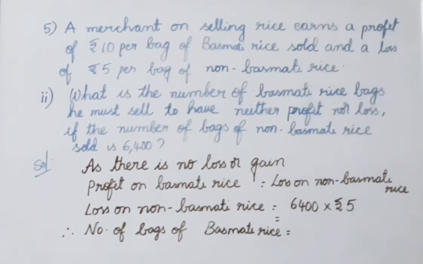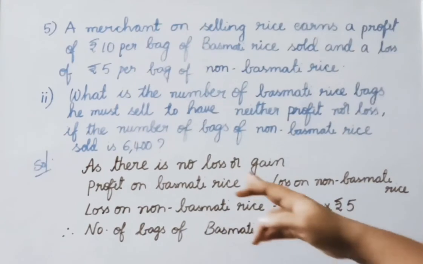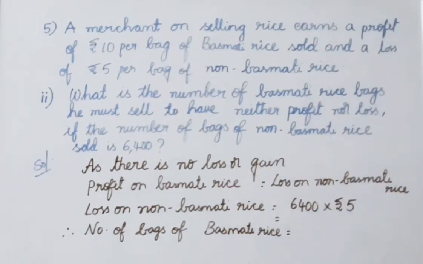So what we have to find is the number of basmati rice bags he must sell so that he gets neither profit nor loss on selling 6,400 non-basmati rice bags. Now let us see the solution.